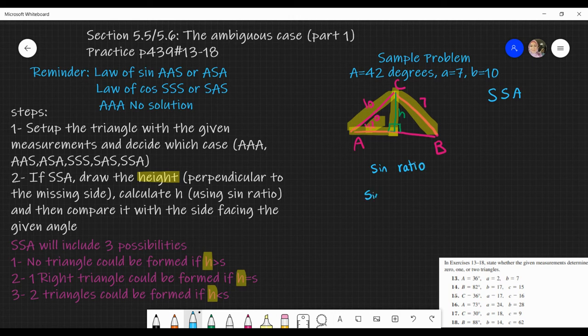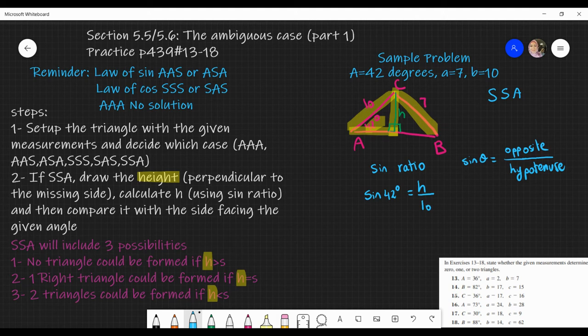So sine of 42 degrees. And just to remind you, the sine of an angle, sine of theta, for example, equals opposite over hypotenuse. So in the triangle we formed, sine of 42 degrees equals opposite, which is h, over hypotenuse, which is 10.